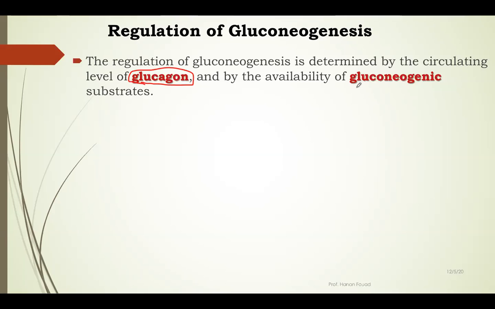Availability of the gluconeogenesis substrates: what are the gluconeogenesis substrates? These are amino acids from which we synthesize glucose, and fatty acids which accelerate gluconeogenesis. Glucagon and epinephrine increase liberation of fatty acids from adipose tissue and liberation of amino acids from the body proteins.